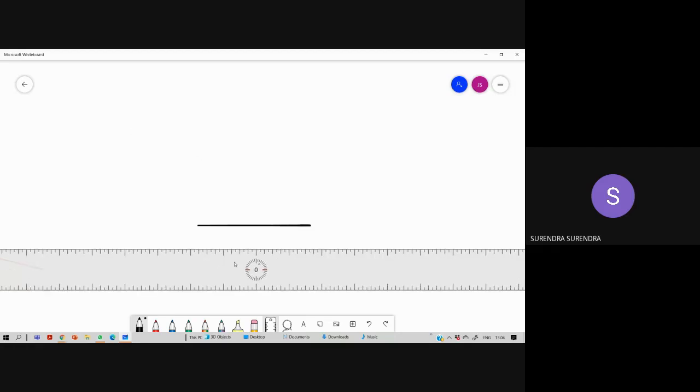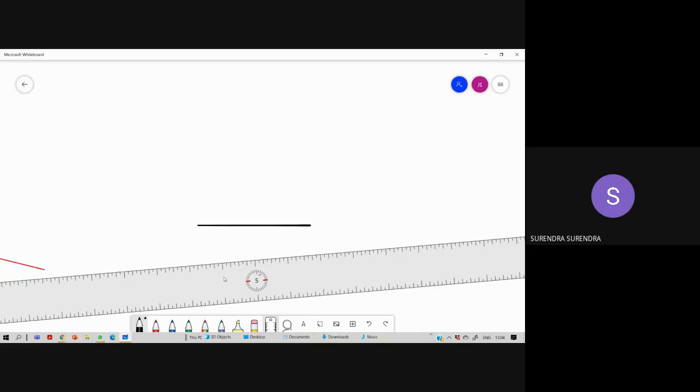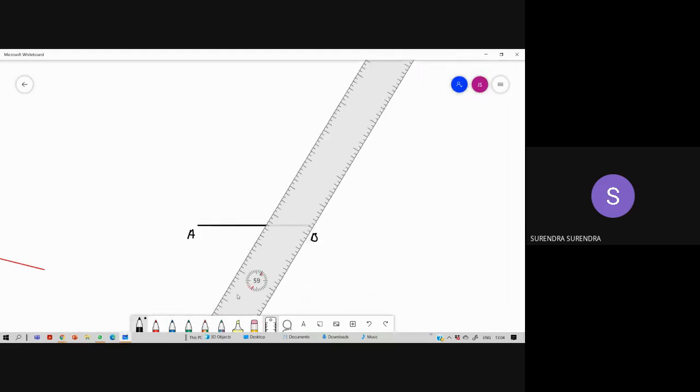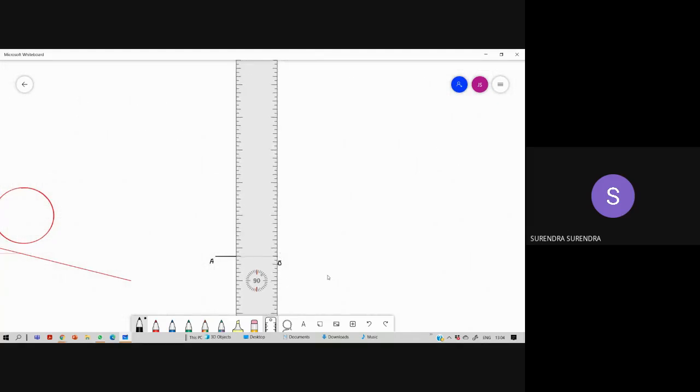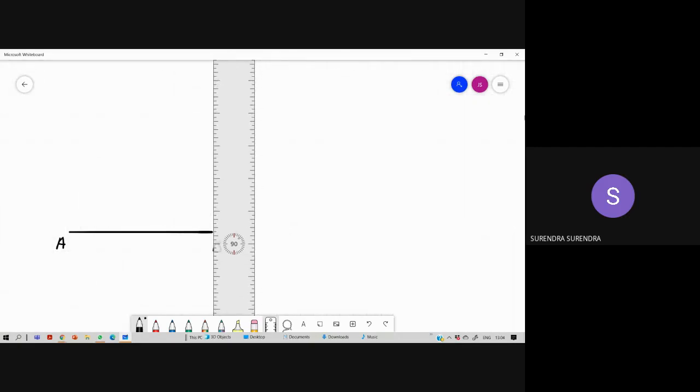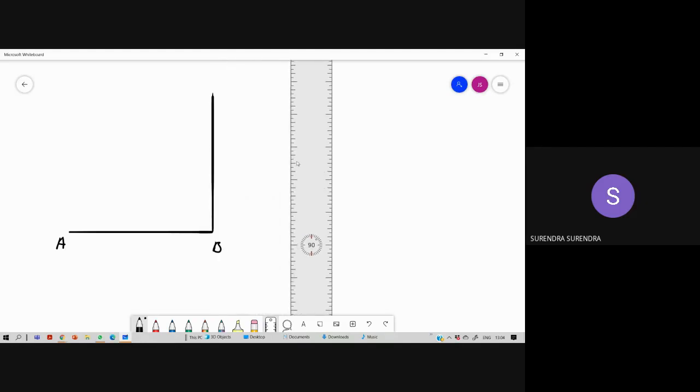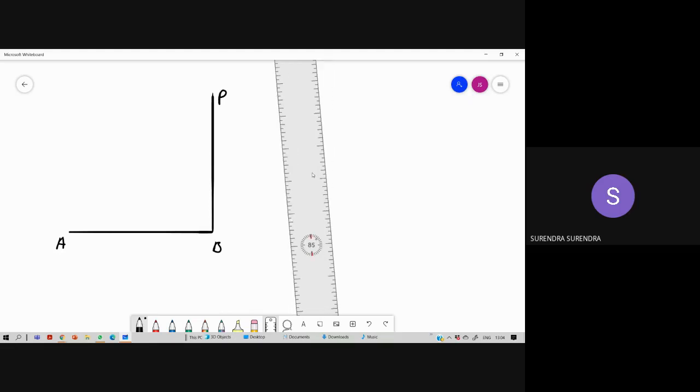Next, let us name the ends as A and B. Now draw a perpendicular line to AB at B, whose length is equal to AB, and name this endpoint as P. Now join AP.